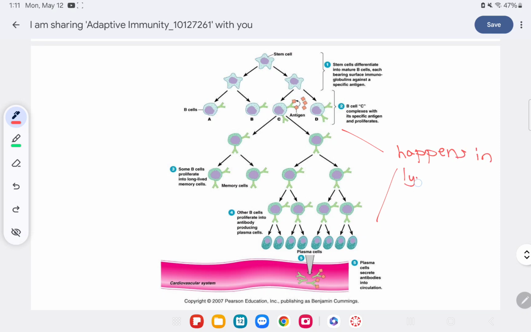That's in the lymph. How does that get into the blood? Through the trunk. The thoracic duct. How quickly will it get there? Not very. Well, it depends on what? Skeletal muscle movement.